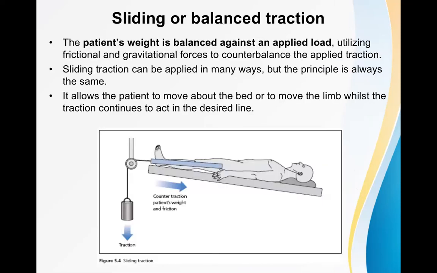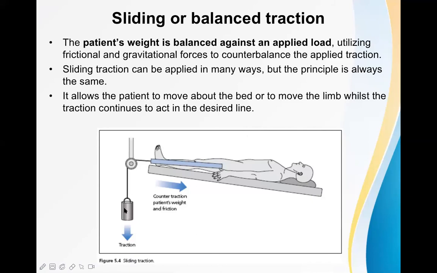Another type of traction is known as sliding or balance type of traction. You can see this in the picture and understand it. In this condition, the patient's weight is balanced against an applied load. See this?